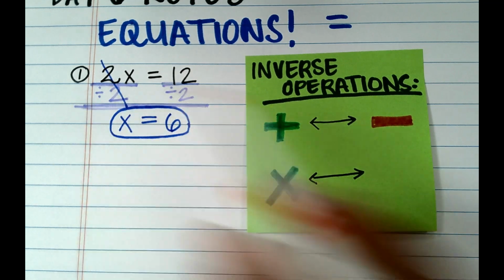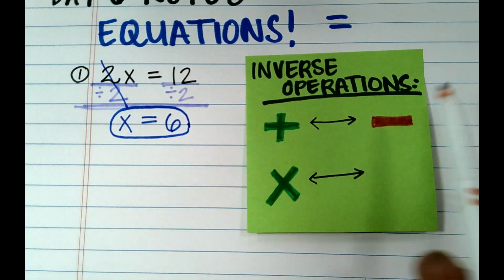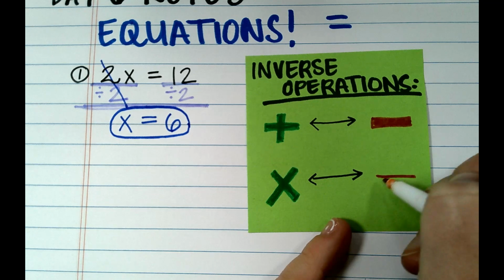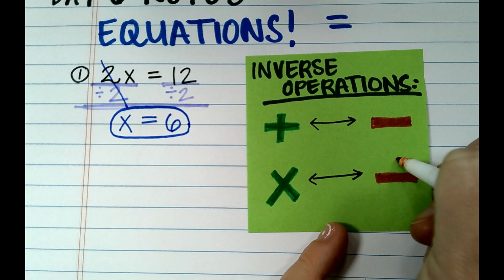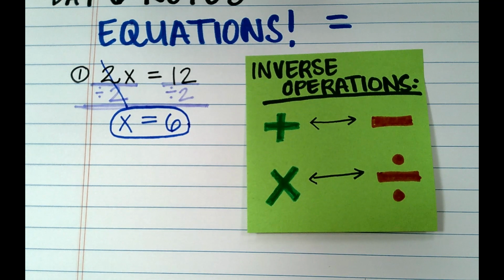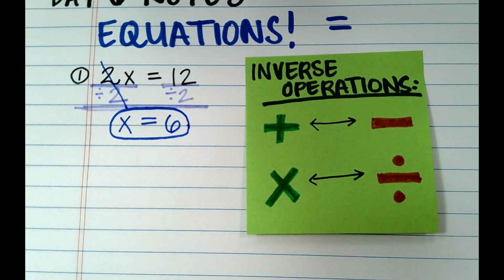That's why on this first problem, we had multiplication. To get rid of it, we used our inverse operations, and we used division. So now we have this sticky note, we can move it around as we solve other problems just to help us remember what we're supposed to do.